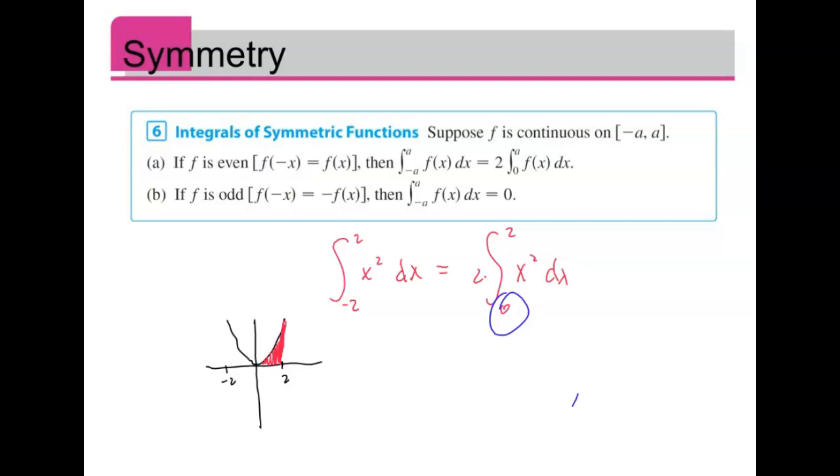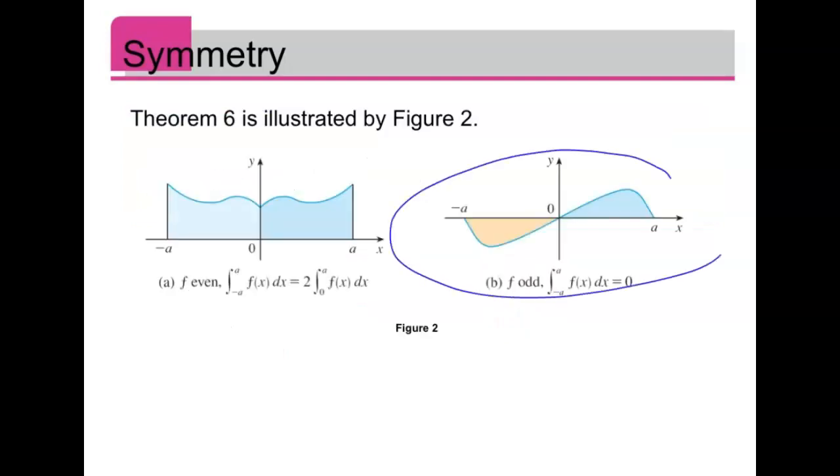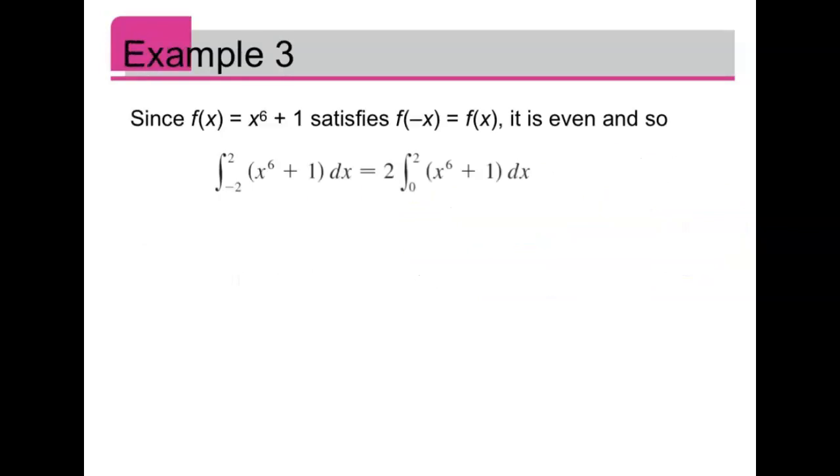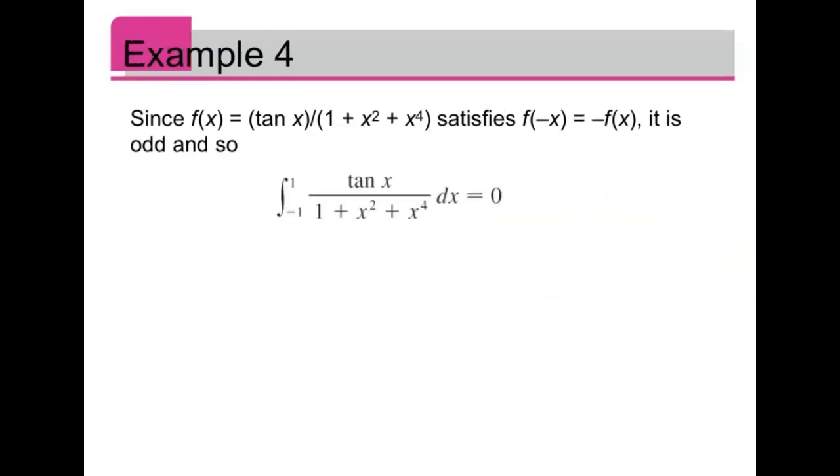Likewise, a function is odd when it has symmetry across the origin. That is to say, f of negative x equals negative f of x. So an odd function is going to have the same amount of area below the x-axis as above the x-axis. So they cancel and it's 0. That's really useful when you're dealing with a really nasty function like this.